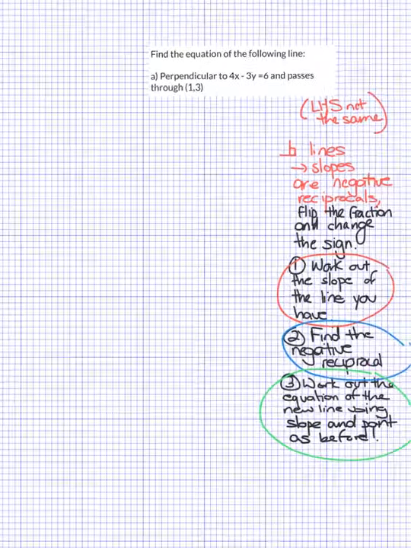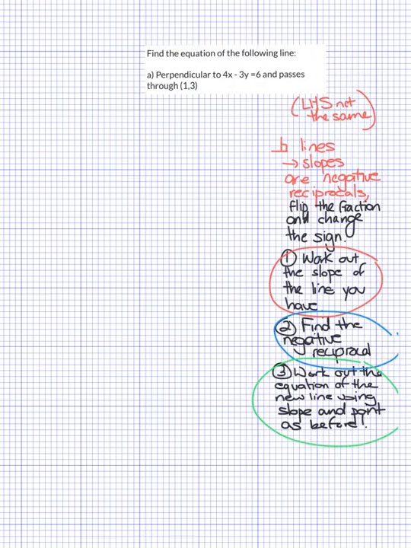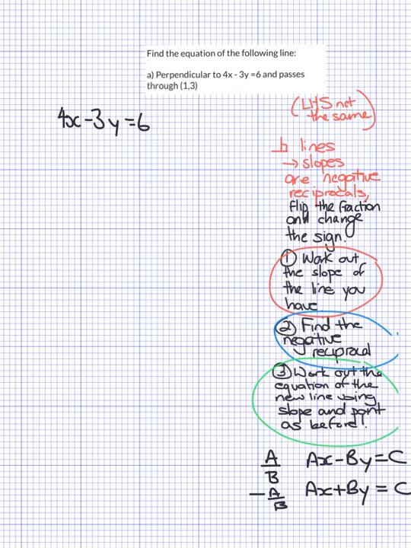So we just need to recall over here, I'm just going to write it down here actually, that if we have the slope a over b, we form the line ax minus by equals c. Similarly, if we have the slope negative a over b, we're going to form the line ax plus by equals c. So straight from looking at our equation here, 4x minus 3y equals 6, we can see that's minus, and therefore our slope must be of the form a over b.